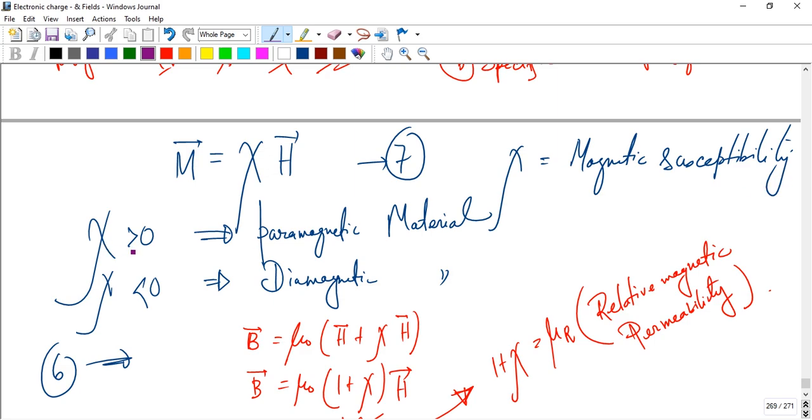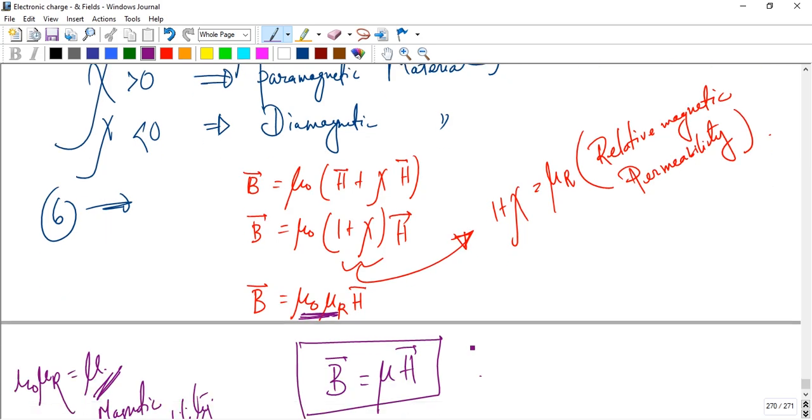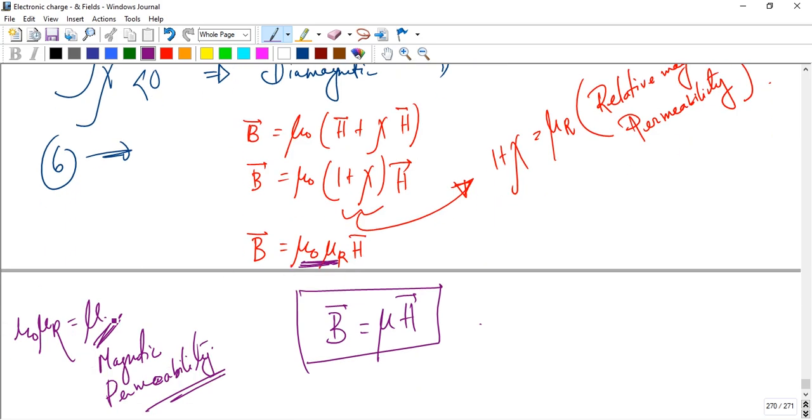When chi is greater than 0, it is a paramagnetic material. When chi is less than 0, it is a diamagnetic material. Putting the chi value into equation 6, we finally get another term, 1 plus chi, that is mu r, the relative magnetic permeability, and with mu r and mu naught we get the magnetic permeability. The final term is B equal to mu H.